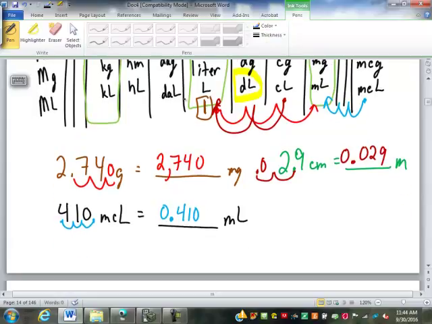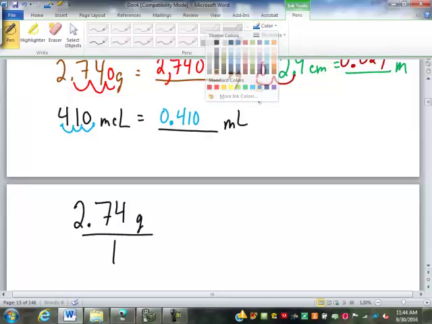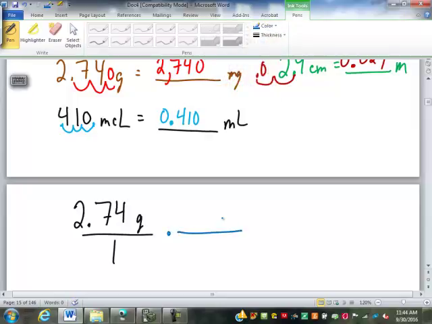So let's go back to my grams there, 2.74 grams. And I want to convert it into milligrams. Well, we can use that conversion factor like we had before. If I'm going to put grams on bottom here, I know that 1 milligram is how many grams? 1/1000, right?